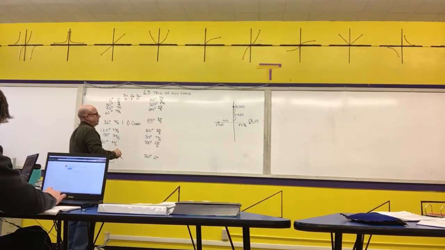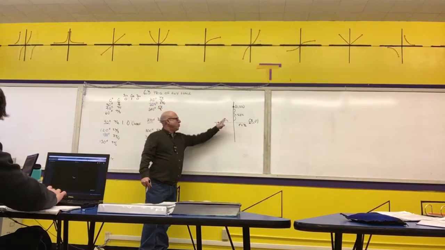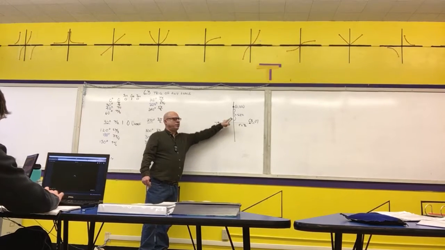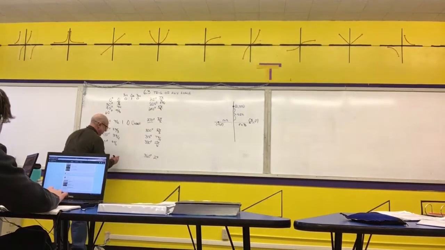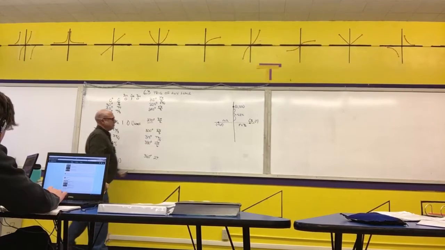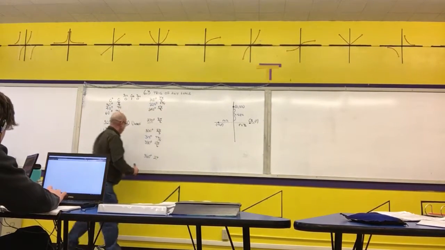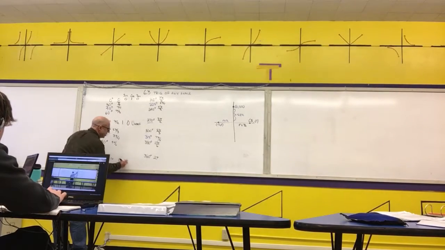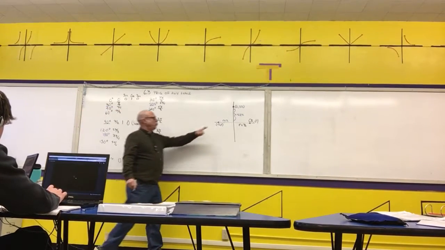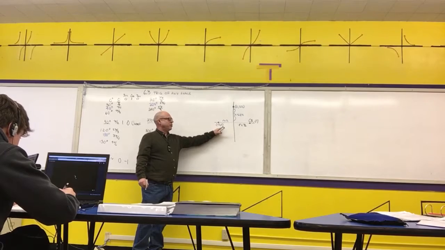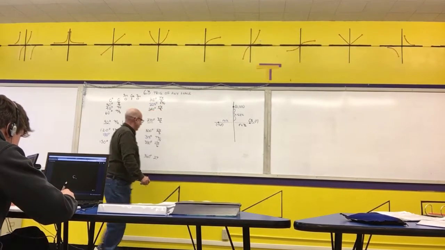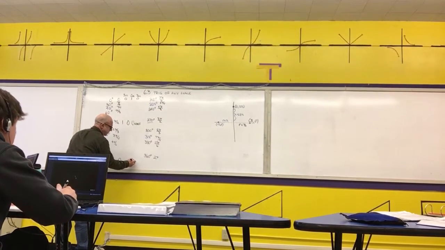So sine is y over r. 0 over 2 is 0. Cosine is x over r. -2 over 2 is -1. And tangent is y over x. 0 over -2 is 0.